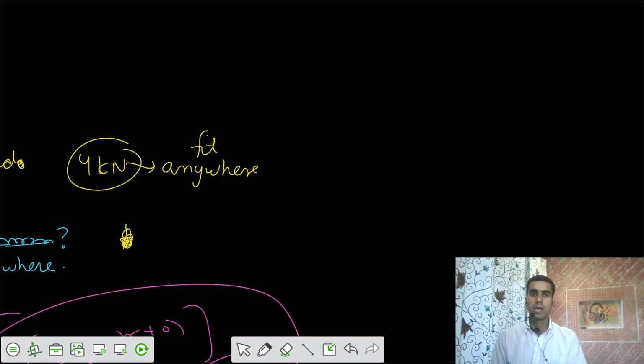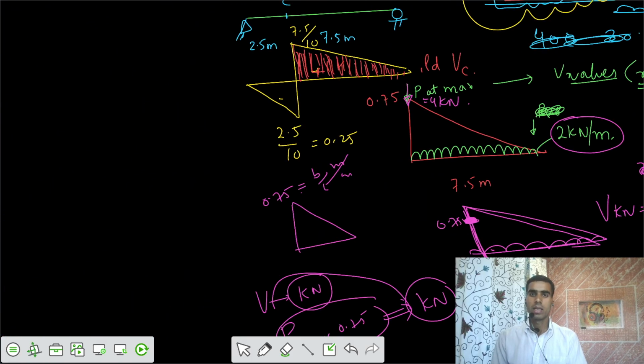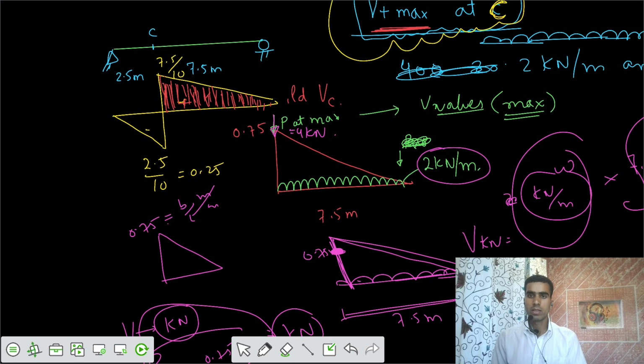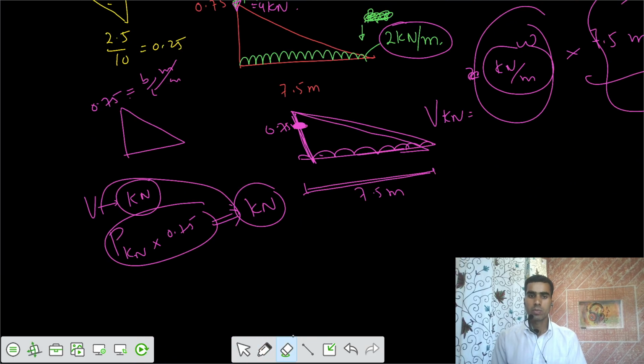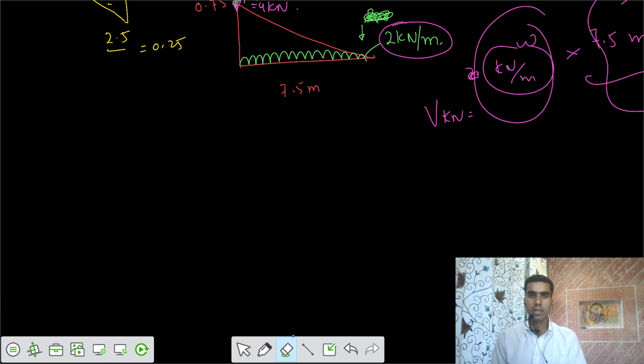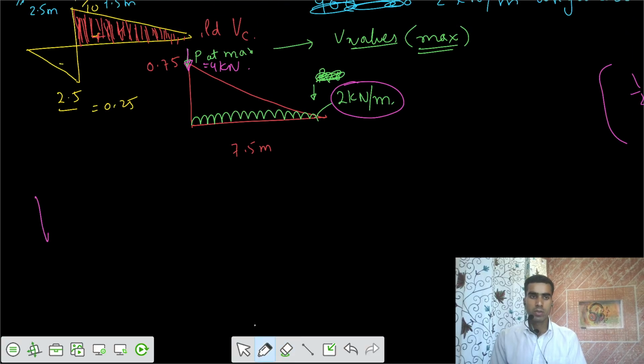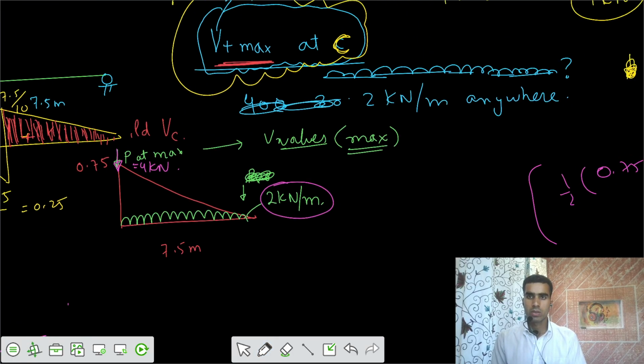So finally we write how to get this in this fashion. You place the load for the entire positive part of the shear force diagram at C, with an intensity of 2 kilonewton per meter. How can we get the final shear force value here? The V positive maximum at point C would be equal to, let's take the effect of the point load first, P equals 4 kilonewton.